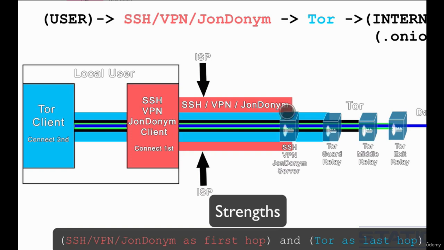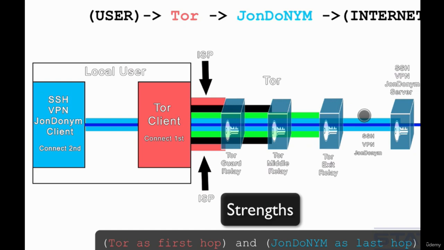In this process the user goes to TLS by the use of VPN, SSH, or Jondonym, and finally Tor, then internet.onion, with VPN as first hop here and Tor as last hop.